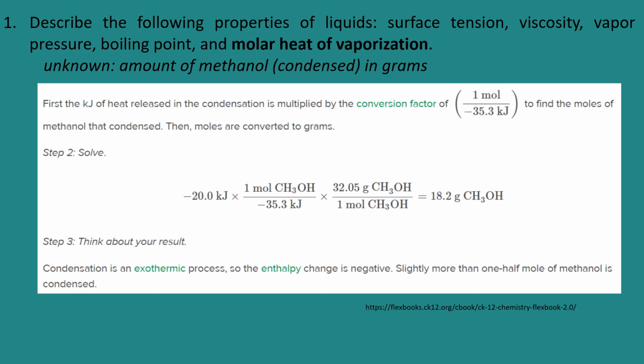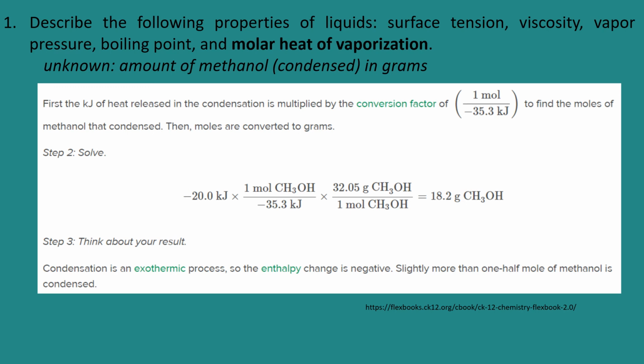So thinking about the results, since condensation is an exothermic process, it releases energy. So the value for the condensation is negative, the enthalpy change is negative, referring to the negative 20.0 kilojoules of heat released.